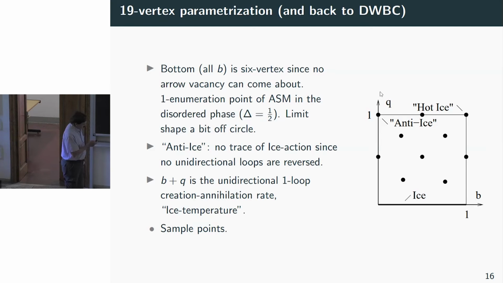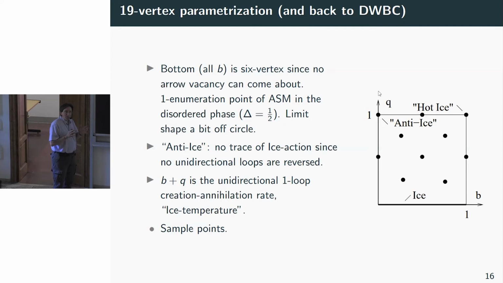And a couple of other things. I gave a funny name to this corner point in here, anti-ice, for the following reason. We want to look at that because of what's happening here. Here, the birth rate is 0 and Q is maximal. So let's say we take a domain wall boundary condition, think in terms of domain wall boundary condition.